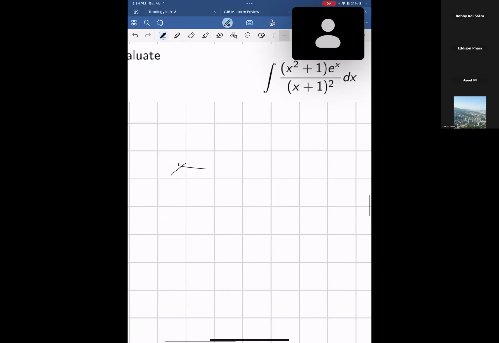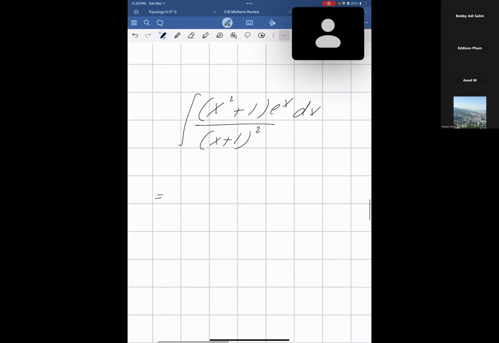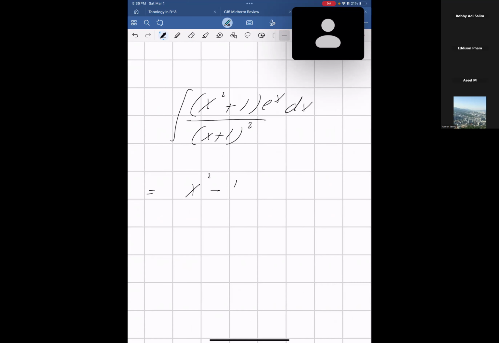So you have the integral of x squared plus 1 times e to the x over x plus 1 squared dx. So you can just add a convenient 0. This would be x minus 1 plus 1 plus 1 over x plus 1 squared, e to the x dx, right?